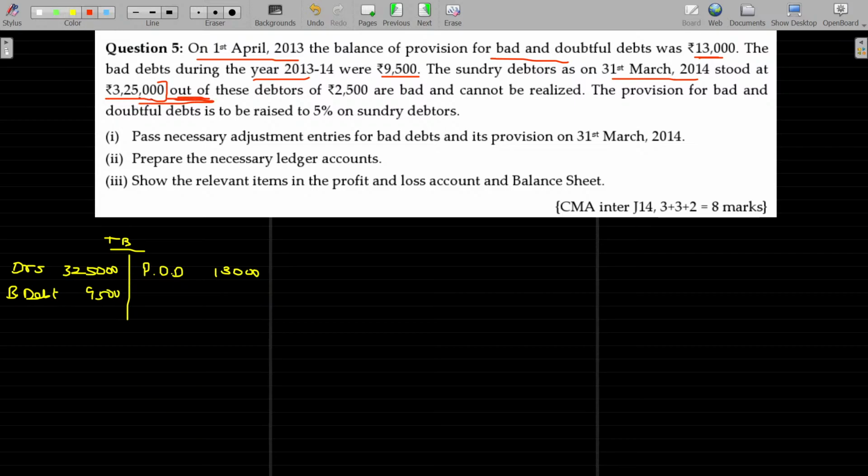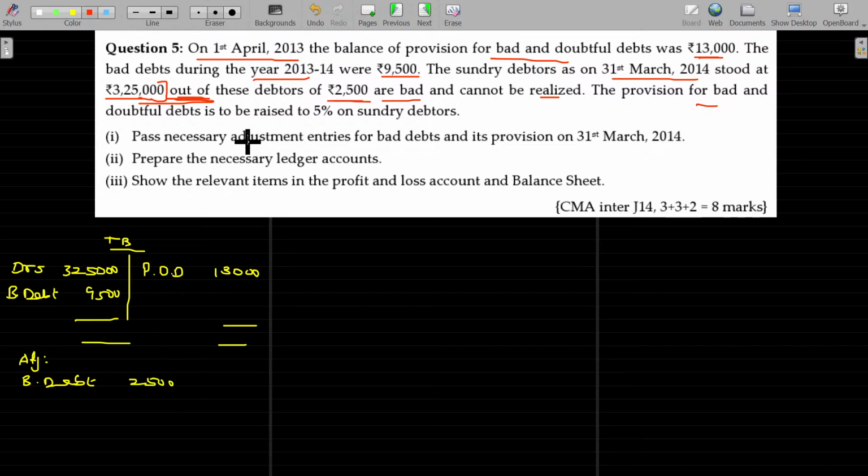Out of these debtors, 2,500 are bad and cannot be realized. It means a further 2,500 will be bad debt. It might have been given in the adjustment, isn't it? So bad debt given in the adjustment being 2,500.